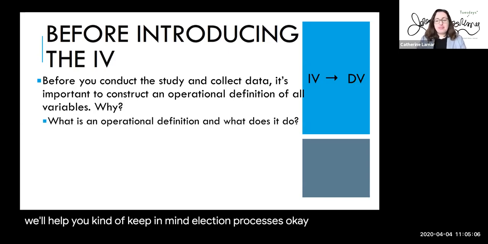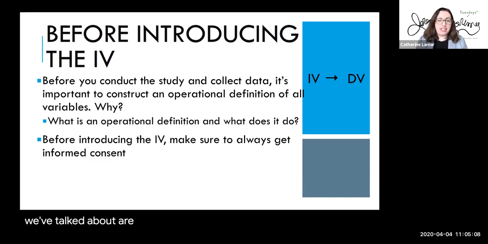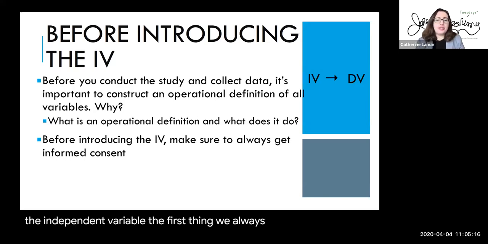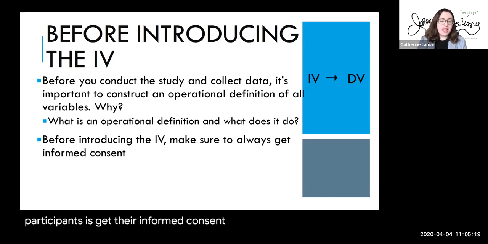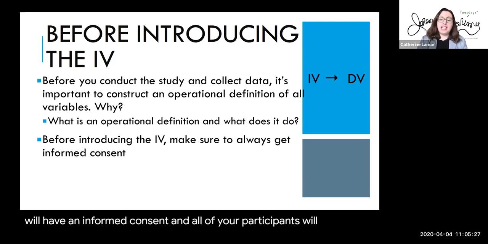Okay. So now that we've talked about operational definitions, we also need to keep in mind a few ethical principles. For instance, before we even introduce the independent variable, the first thing we always have to do with participants is get their informed consent. All of our teams, when we collect data for our research projects, will have an informed consent and all of your participants will complete that.